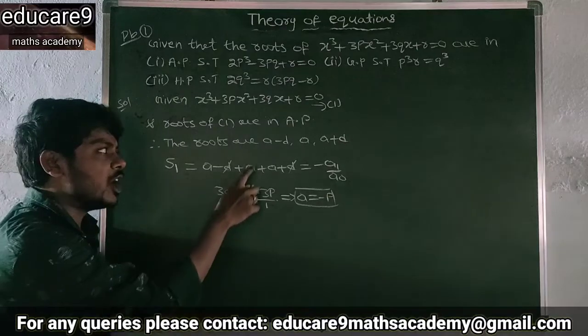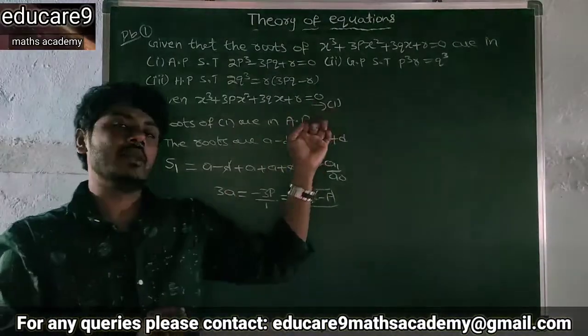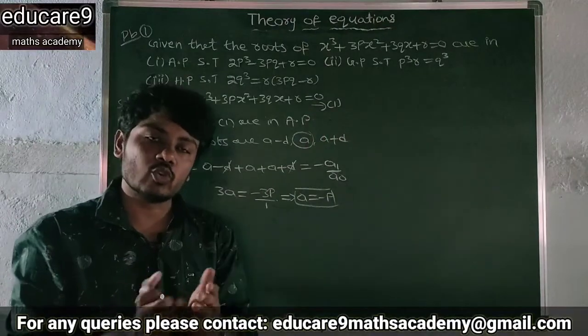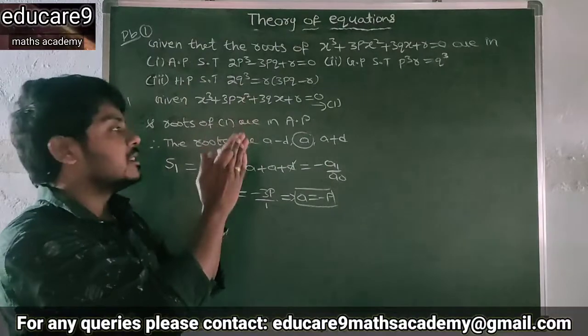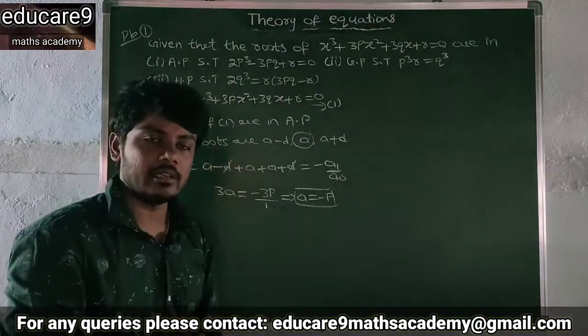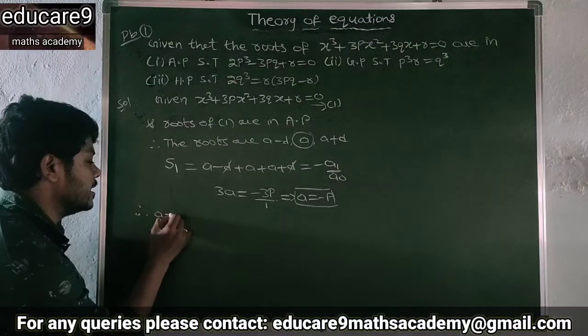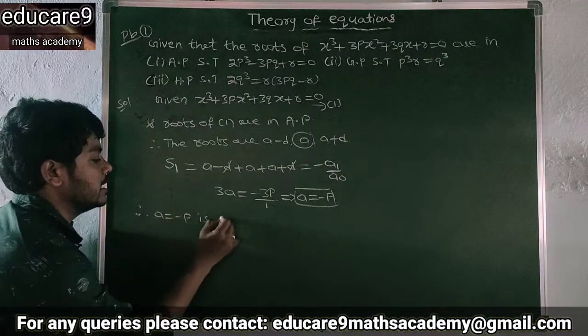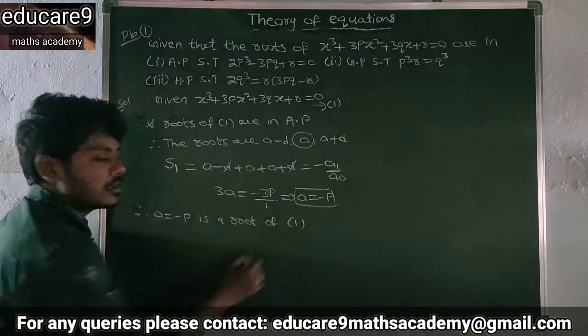But a is a root of the given polynomial equation. Root means if we substitute that a value in equation 1, it must satisfy equation 1. Therefore a equal to minus p is a root of 1.